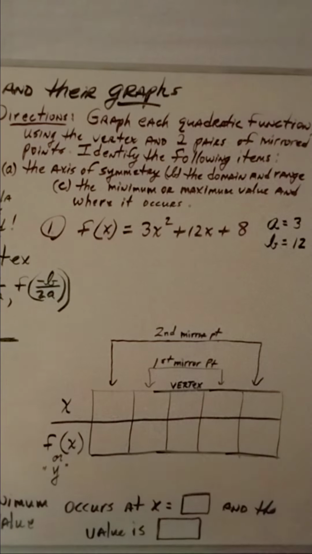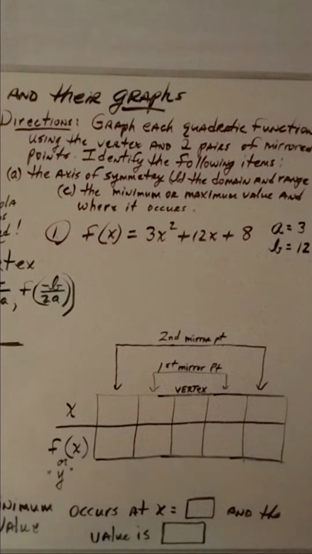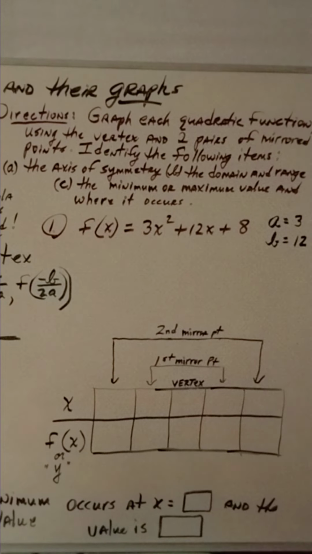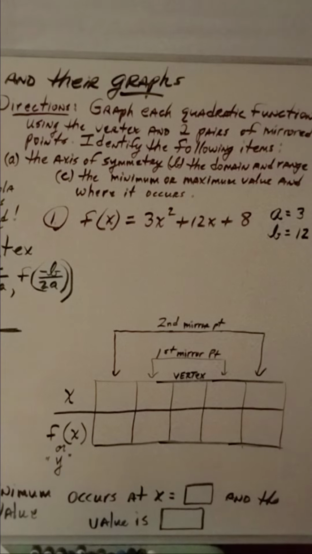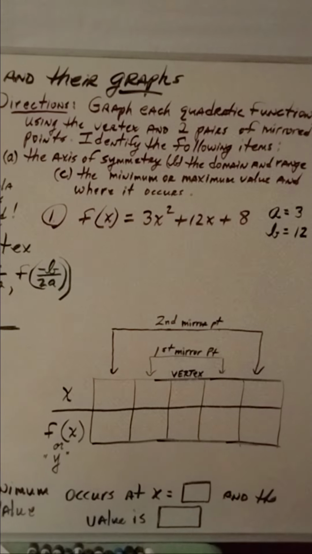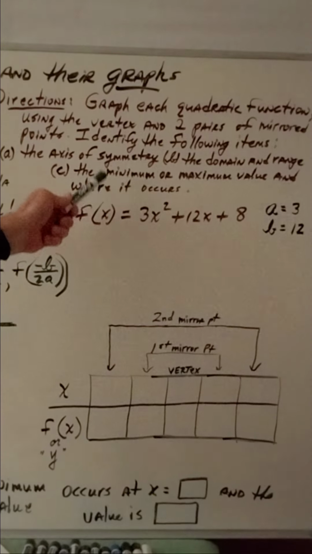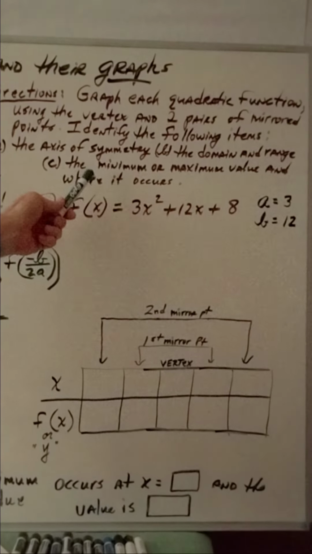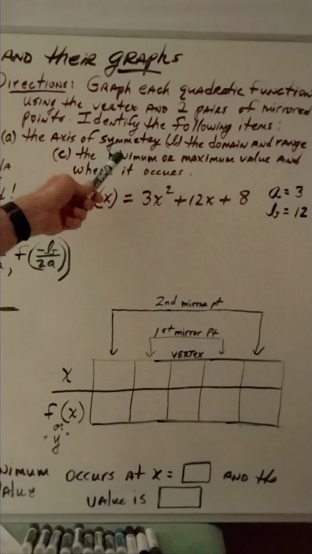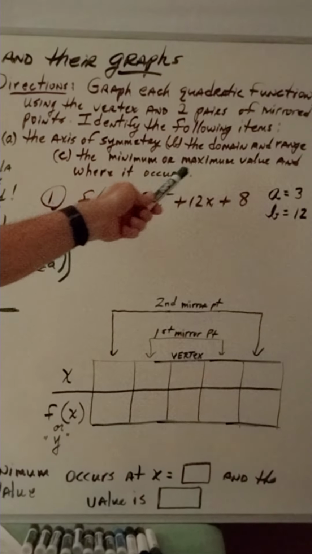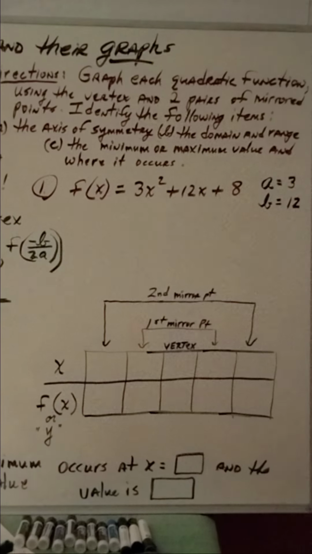B, something that we've already actually done back in a prior chapter, we're going to define the domain and the range of the graph. And letter C, we're going to identify, first of all, whether this graph that we're looking at has a minimum or a maximum value. It can only have one of them.